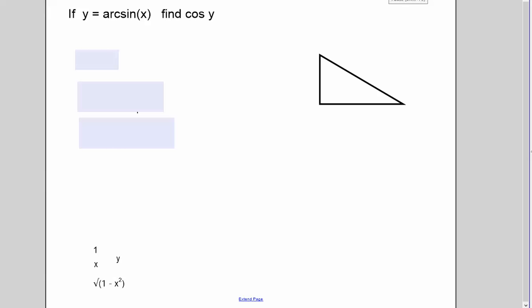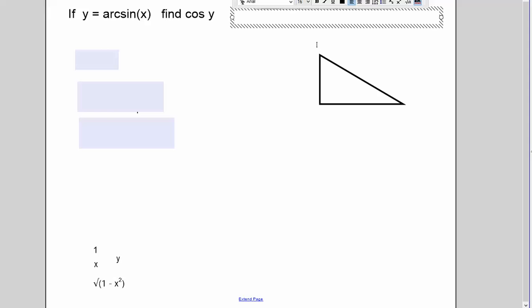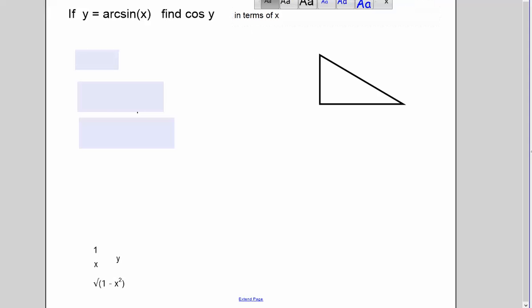Now let's have a look at a question connected with the inverse trig functions. So let's say we've got y equals arcsine x. We want to find cos y, and we want to find cos y in terms of x. I'll write that in over here, so in terms of x.